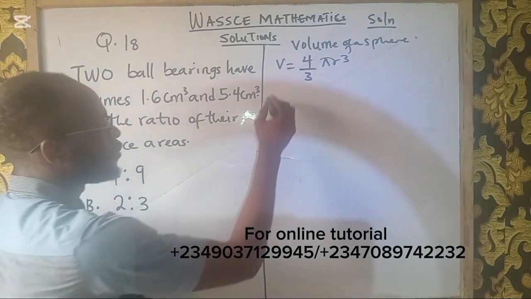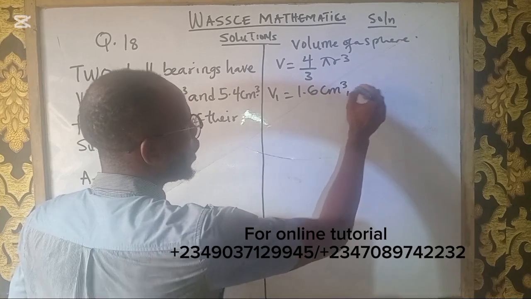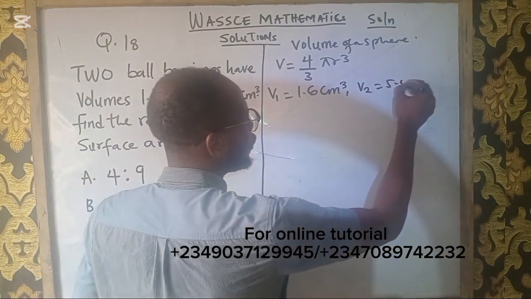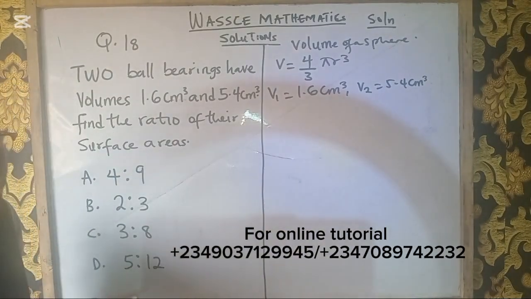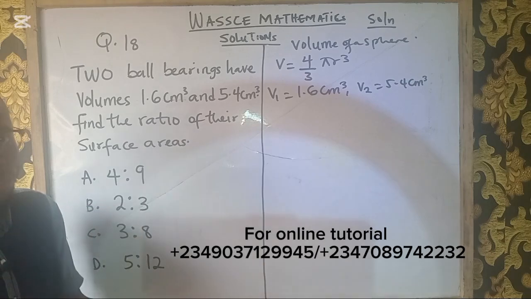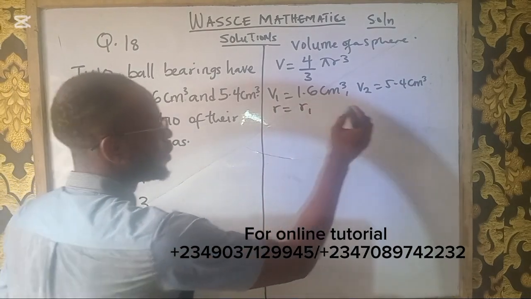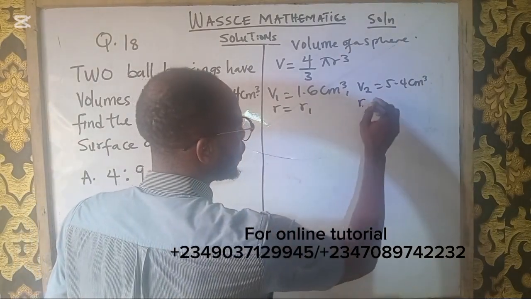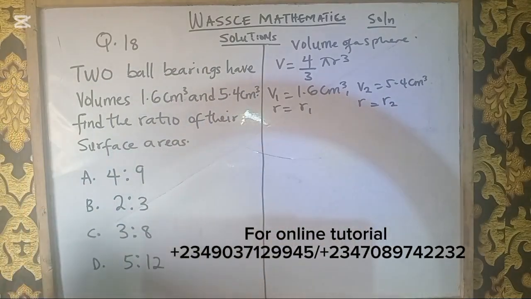So which means we have V1 to be 1.6 cm³ and V2 to be 5.4 cm³. The two volumes are not the same, which means they will have separate radii too. For the volume of this, the radius is R1. For the volume of this, the radius is R2. That is the meaning. All right.